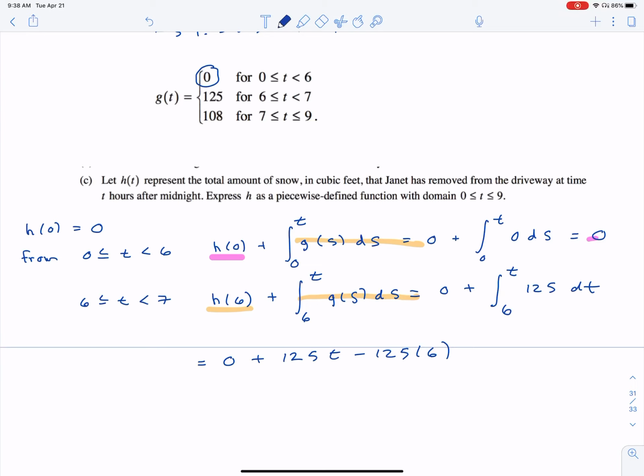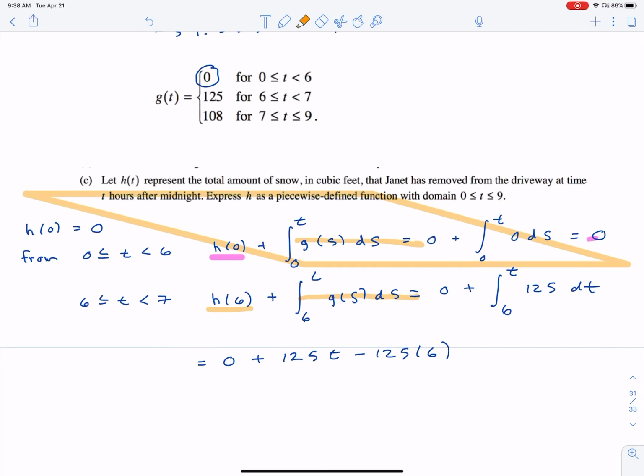So one more time, since I did have a slight mistake there, let's make sure we're good. So we start with the amount of snow at time h of 6, right? Because now we have finished this block of time, and we are now on to the next one.